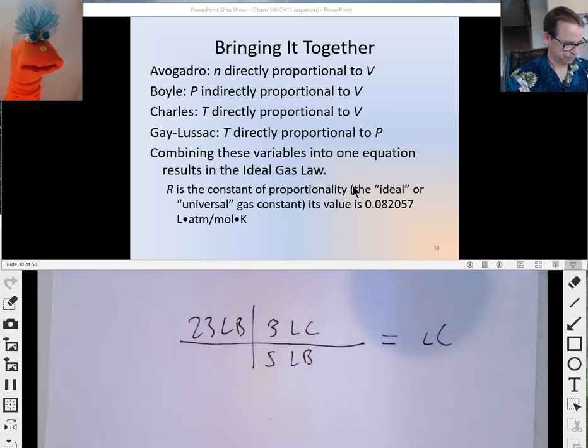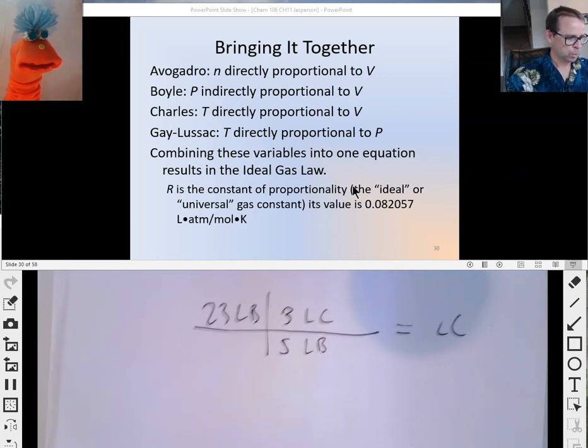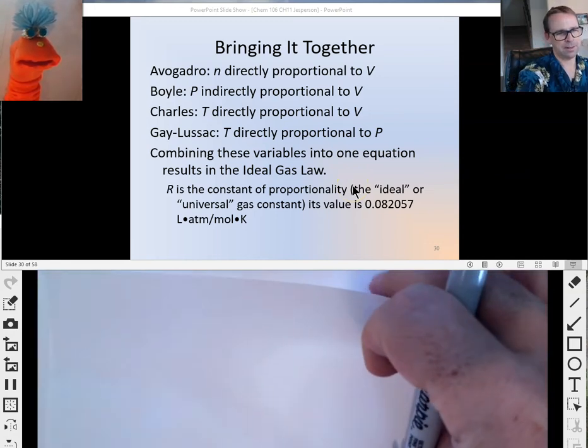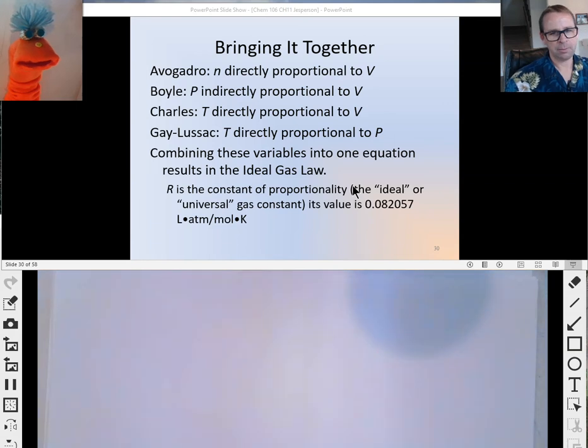Now, we don't have the right units to create what we call a single statement that says, if you tell me how many liters of a gas you have, and the temperature of that gas, and the volume, I should be able to tell you the pressure of the gas, right?